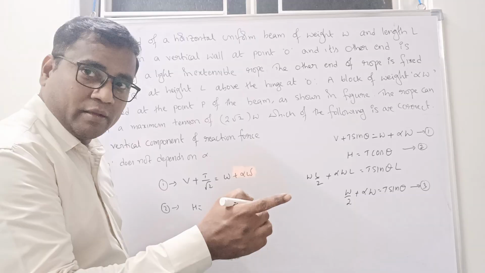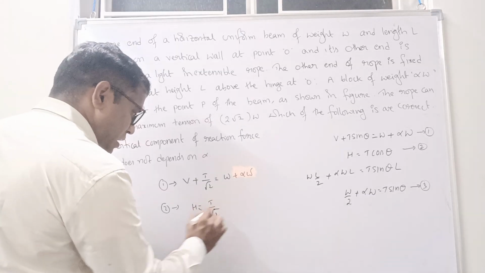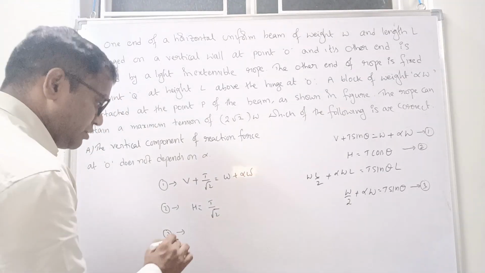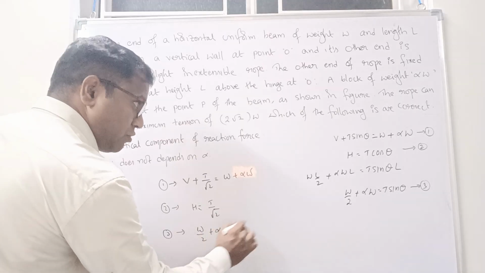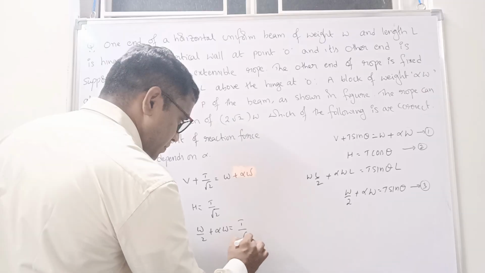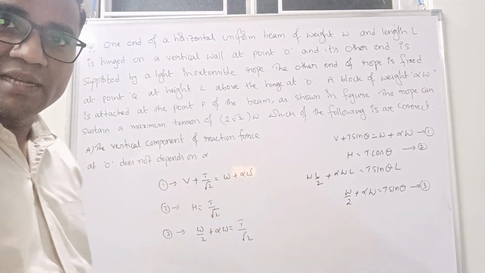Theta again 45, so cos 45 is 1 by root 2. So T by root 2. And what is the third equation? W by 2 plus alpha W, which is equal to T sin theta. T sin theta is again T by root 2. Here I will replace this one here. So based on that, we will try to understand, right?